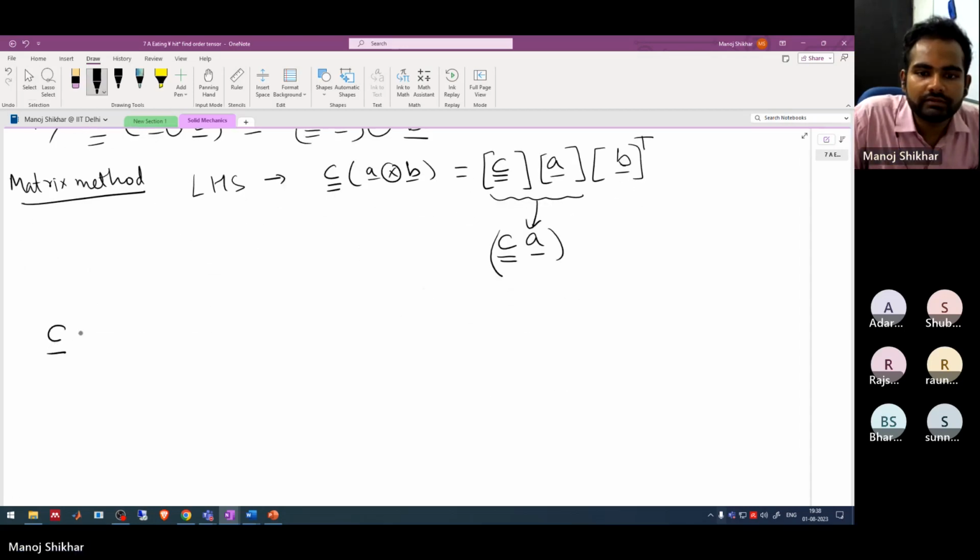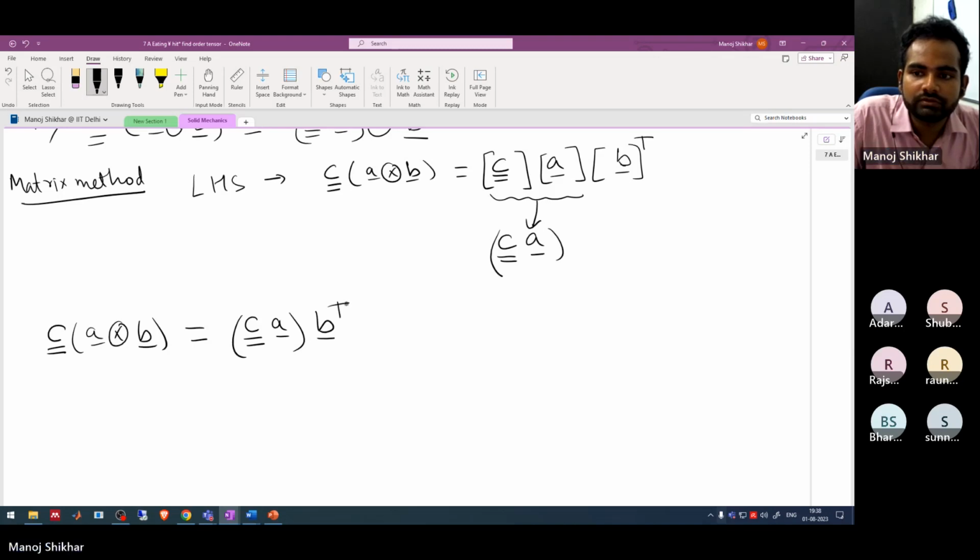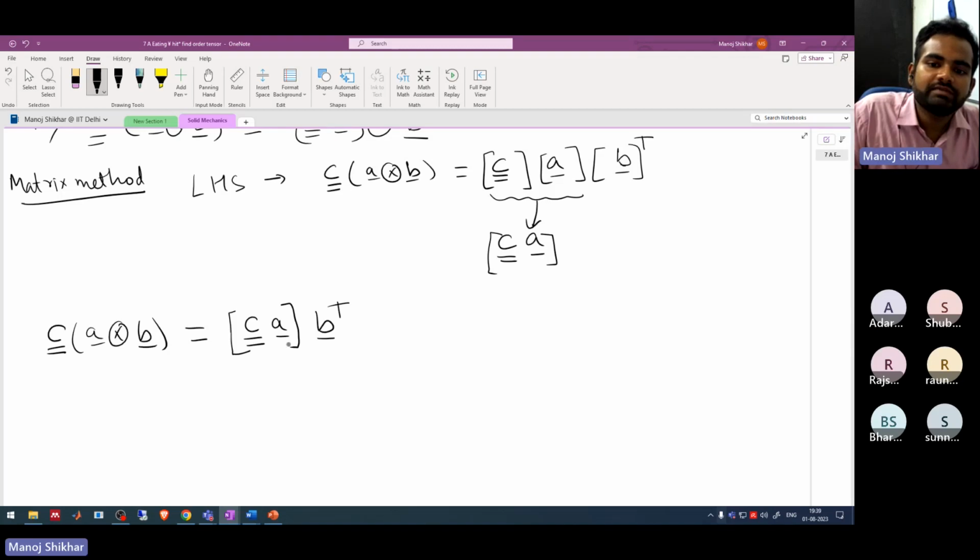We can write it equal to C times A into B transpose. C times A is also a vector.